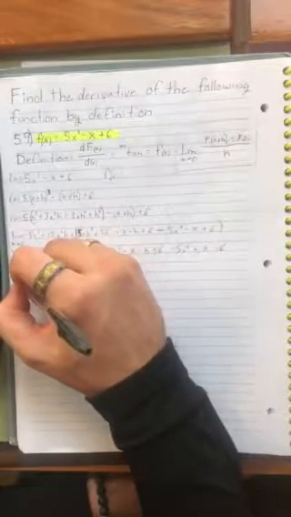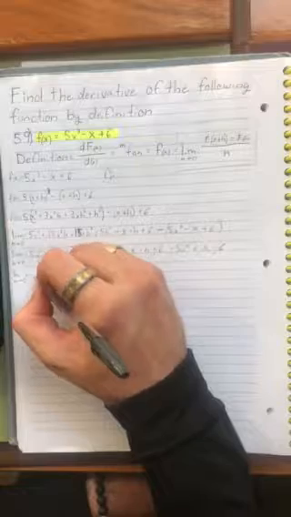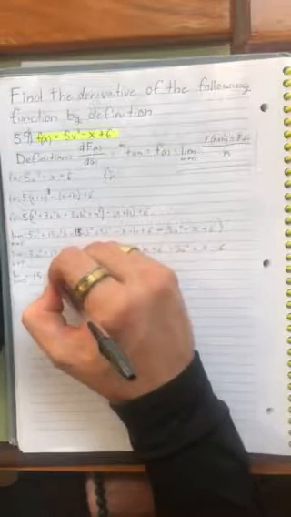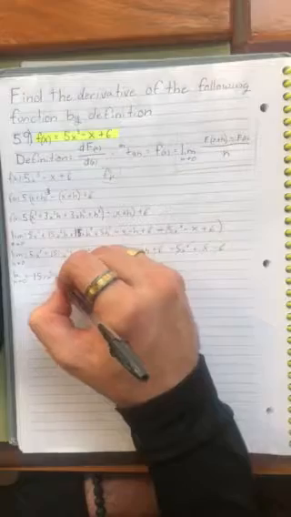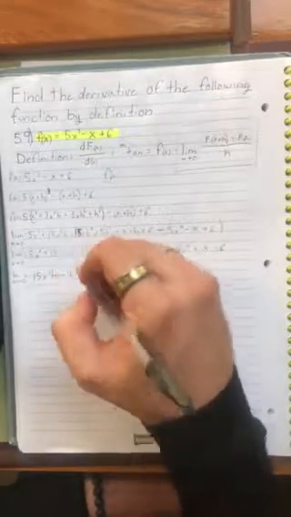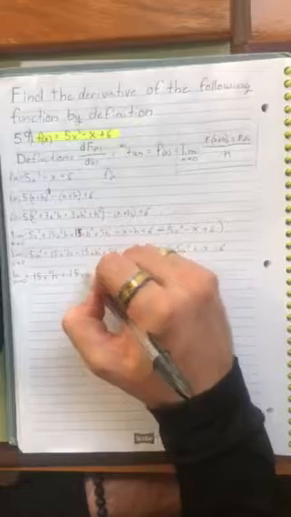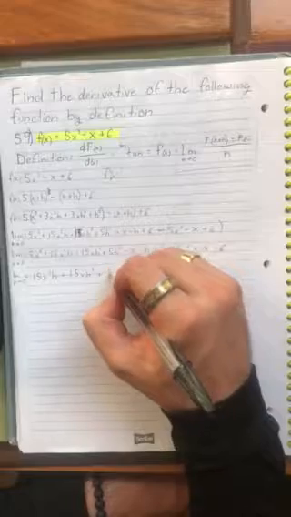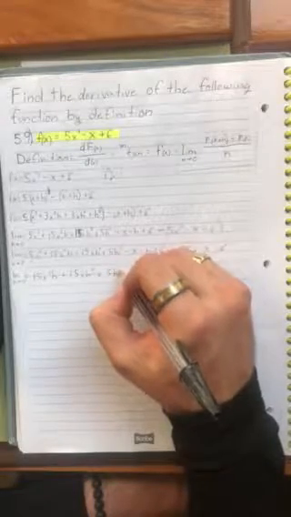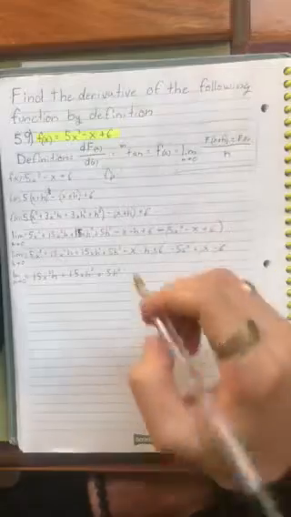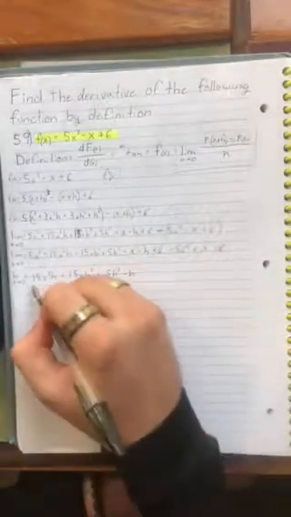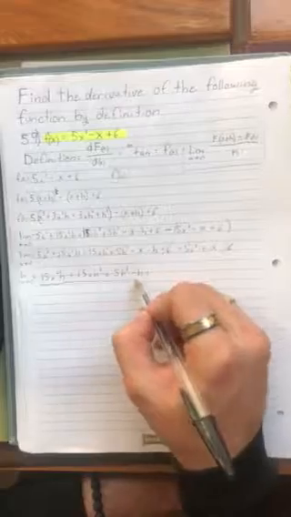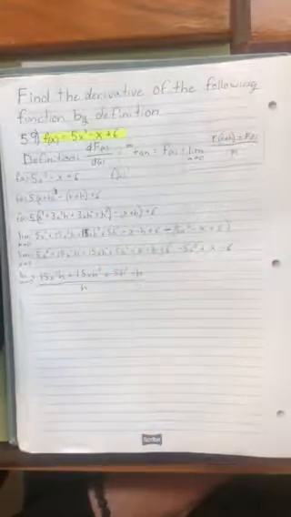So limit h equal to 0 equals 15x squared h plus 15xh squared plus 5h cubed minus h, divided by h.